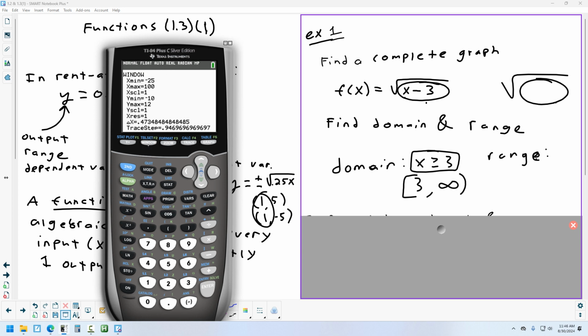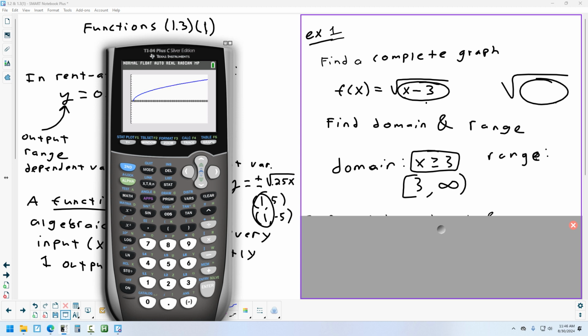We already figured out that the domain starts at 3 and goes up. I'm going to start at 0 just because I don't like it right on the edge of the screen. I like to see a little bit past it. We can go up to 100, that's fine. I think everything else there is fine. Just hit graph.